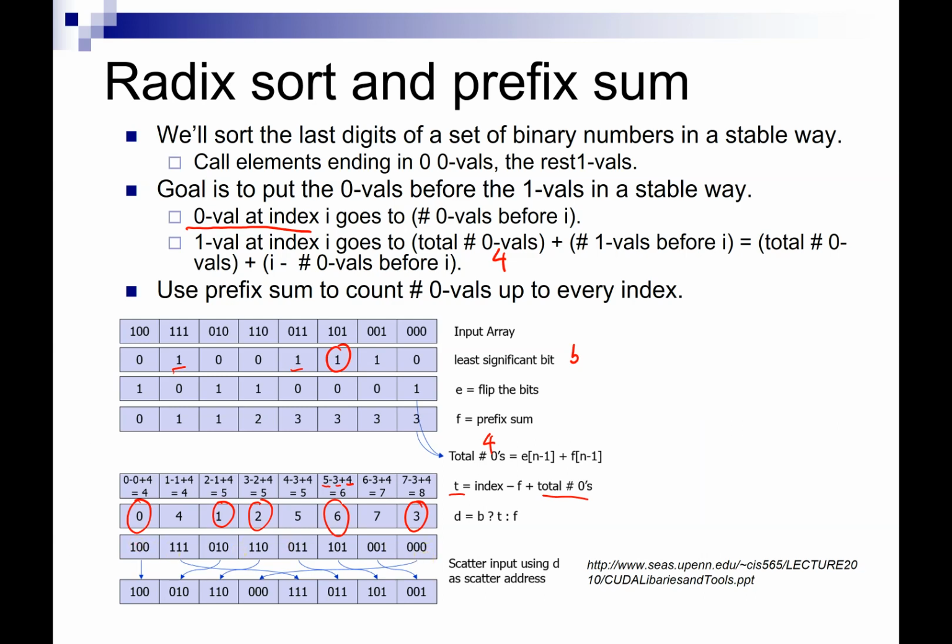Then your final step is to scatter these input values using these addresses. All of the steps that we talked about are highly parallel, and the crucial thing was to do this prefix sum over here. So that's the basis for an efficient radix sort algorithm, and this works quite well on shared memory settings and GPUs.